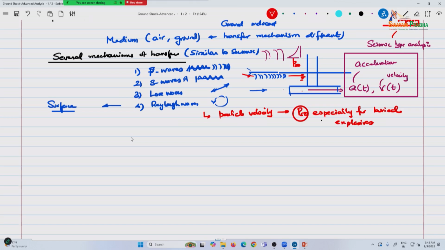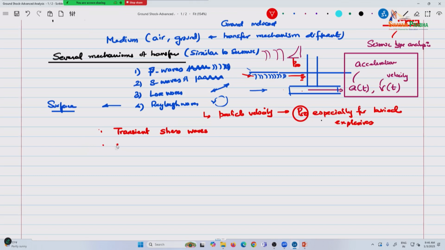So these are transient stress waves through the soil. Some of the characteristics are that these are transient. When I say transient, it is time dependent, but their effects are certainly not similar to what you saw yesterday in the form of shock waves.